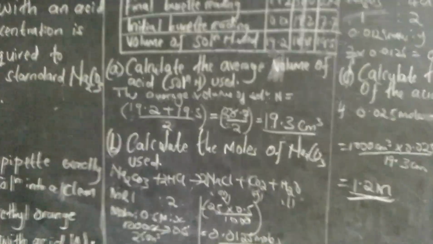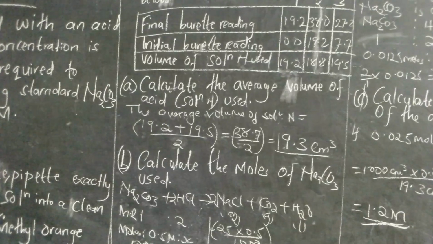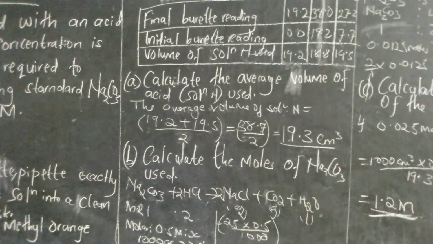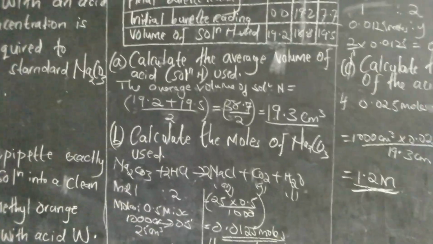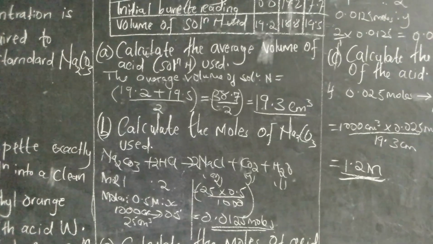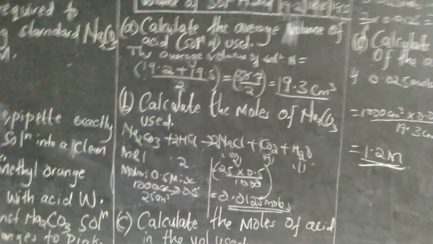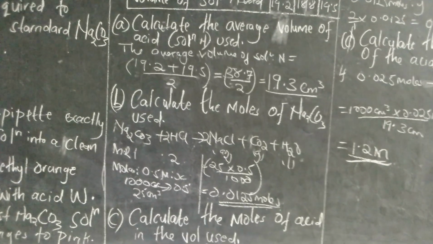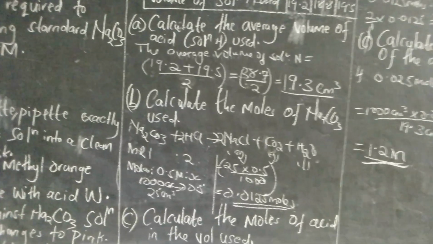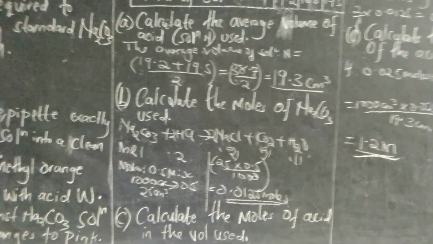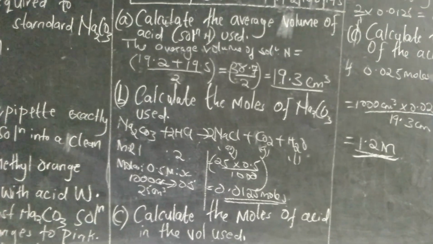We have found that the average volume, as per that table, is 19.3. From there, we calculated the number of moles of sodium carbonate used. The equation is sodium carbonate plus 2 hydrochloric acid.